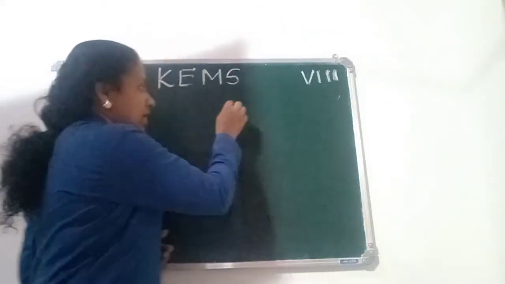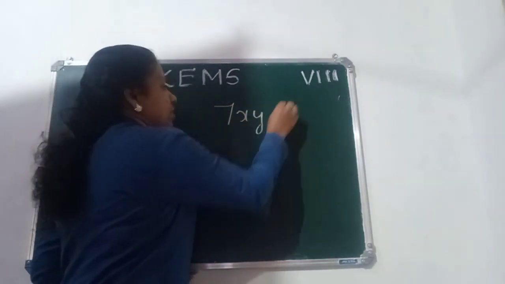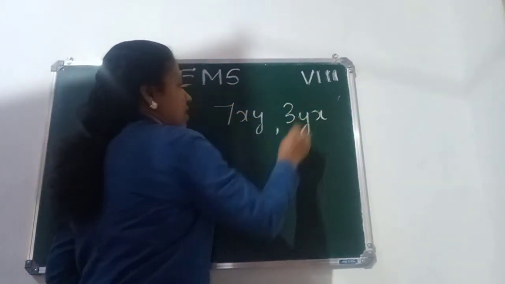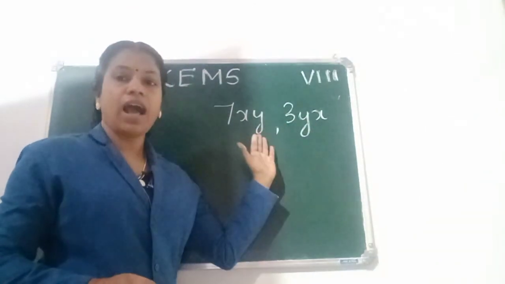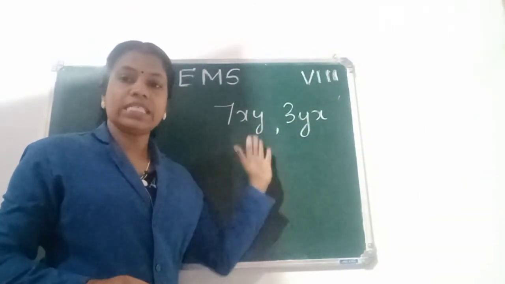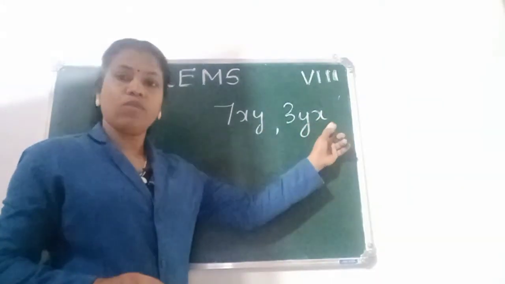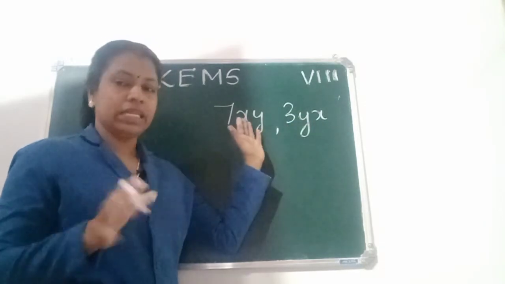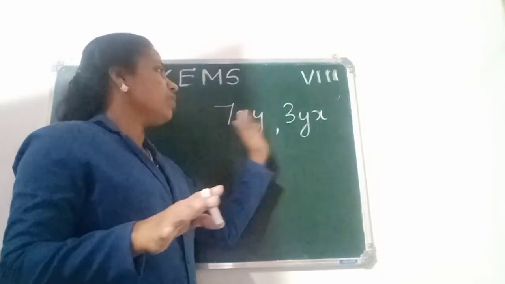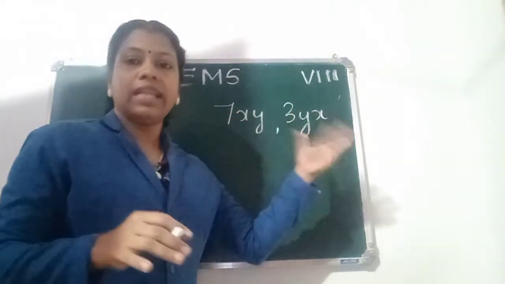For example, 7xy and 3yx are like terms because they have the same variables, xy and yx. Their coefficients need not be the same.